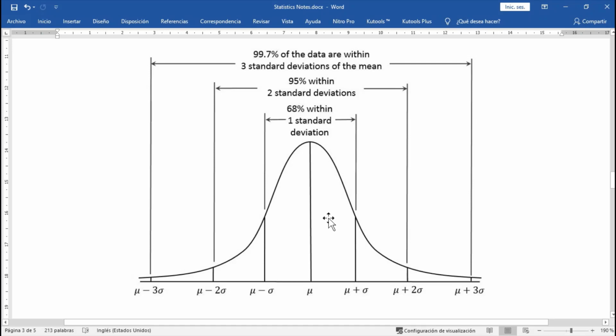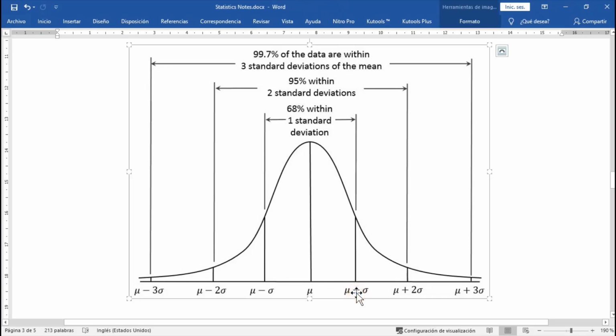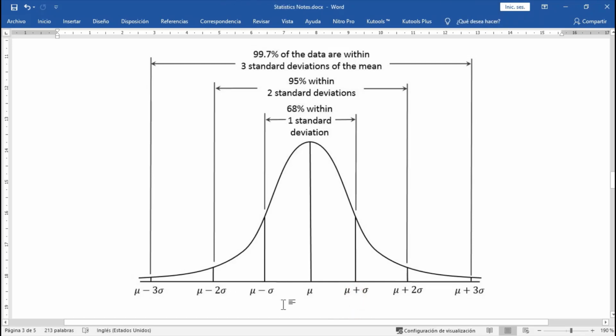Now you can check here. This is for a population, but it could be perfectly for a sample. Because we have mu here, it could be x bar. So look, here we're going to check how the standard deviation works with our mean. As you can see, 68% of the data is within the first standard deviation, because remember that the variance is sigma squared. When you extract the square root, you're going to get two values, a positive like this one and a negative like this one.